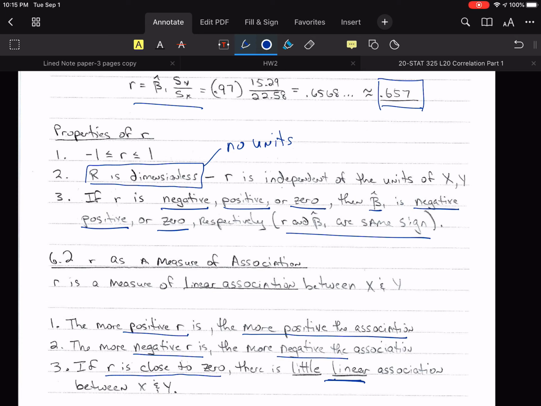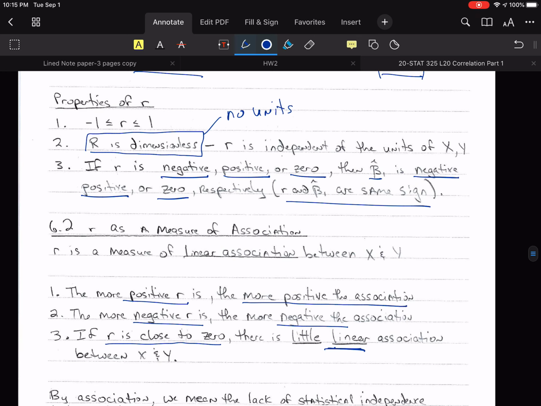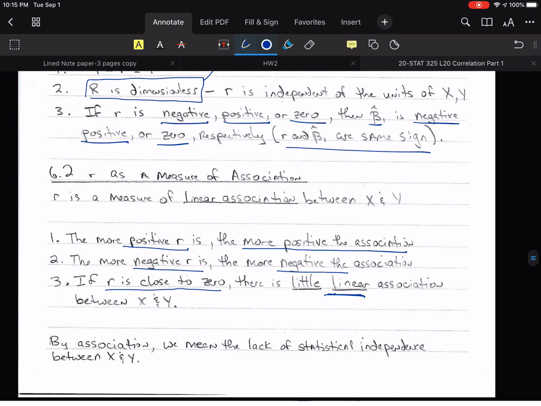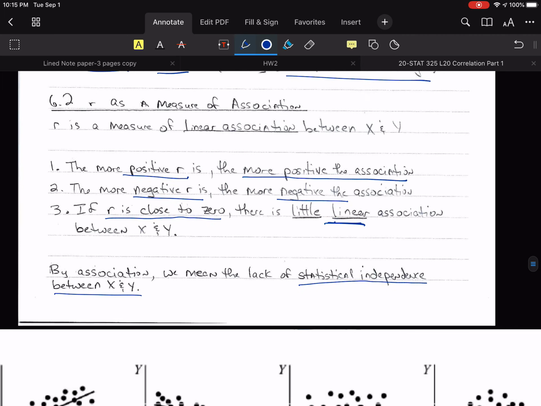Remember that we could have some other shape, but some other association, and it could fool us into R and the straight line regression into thinking there's little or no association at all, but it may just be little linear association. Okay, and so by association we mean the lack of statistical independence between x and y. So if there's a correlation, they are not independent. Okay, there's some dependency there.